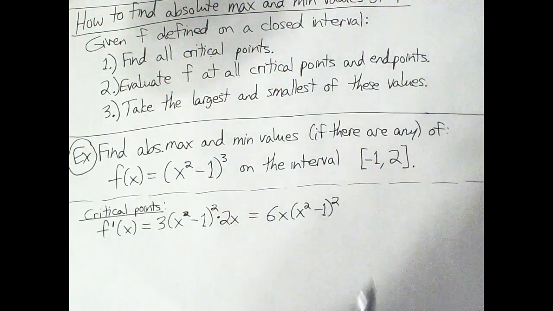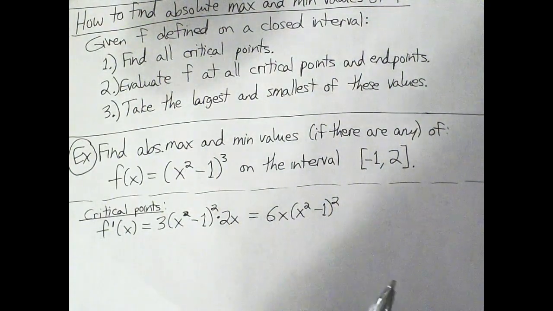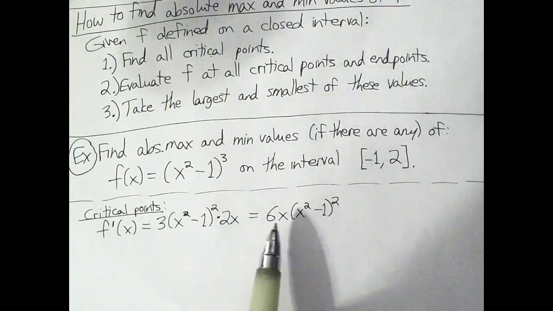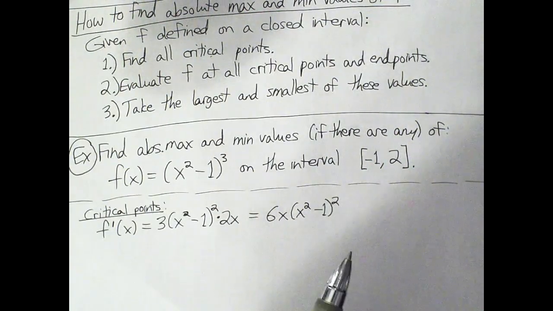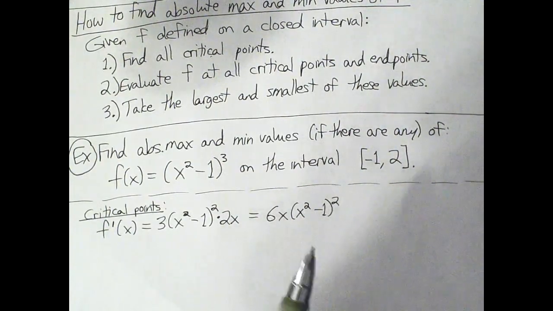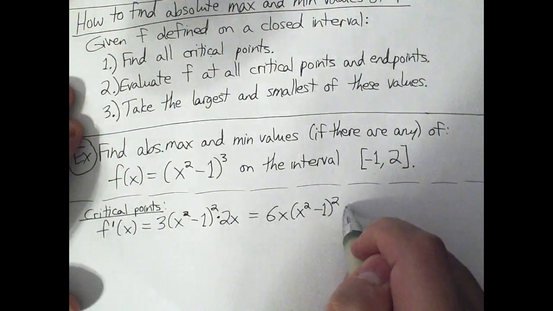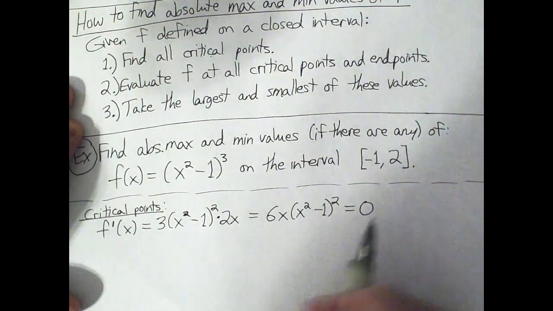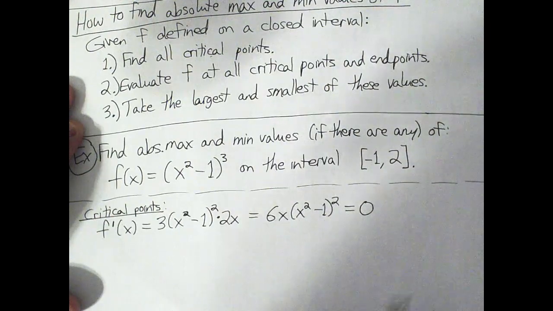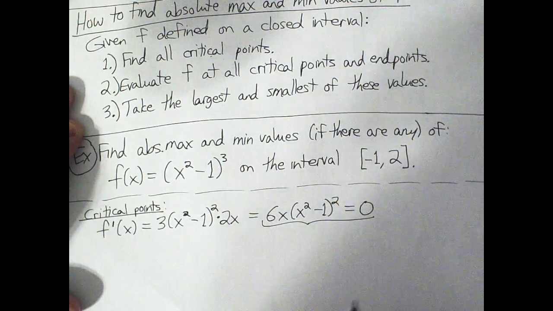We want to find places where this equals 0 or where this is undefined. This looks to me like it is always defined because it's a polynomial. So I don't think we're going to find any critical points that way. But we could look for some places where this equals 0. So I'm going to set this equal to 0. And then what do we get?